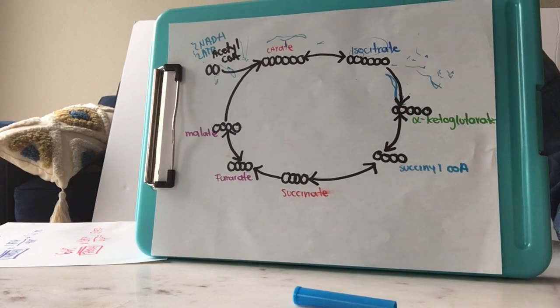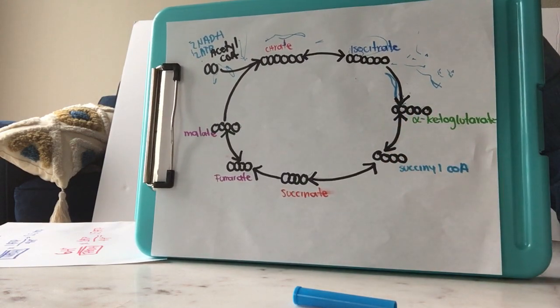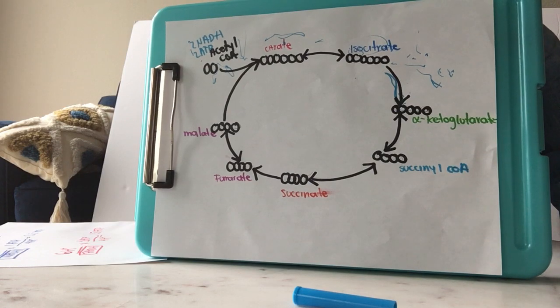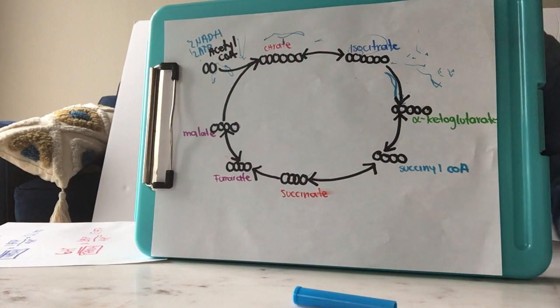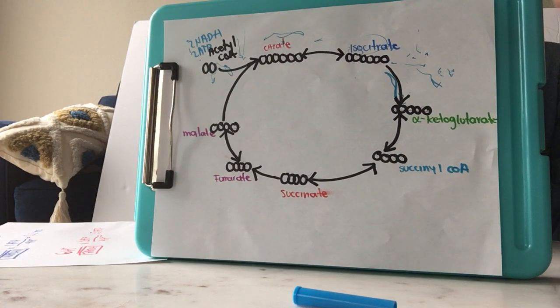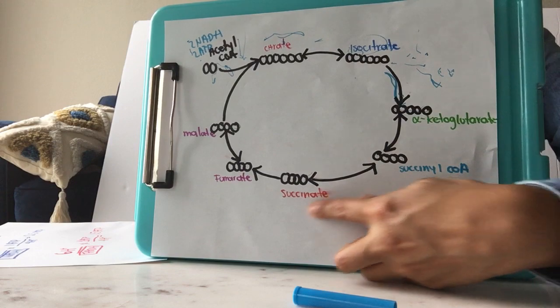We have also an enzyme that is anchored in the membrane of the mitochondria called the succinate dehydrogenase. This enzyme turns the FAD into FADH2. This step, which happens in complex 2, converts the succinate into the fumarate.